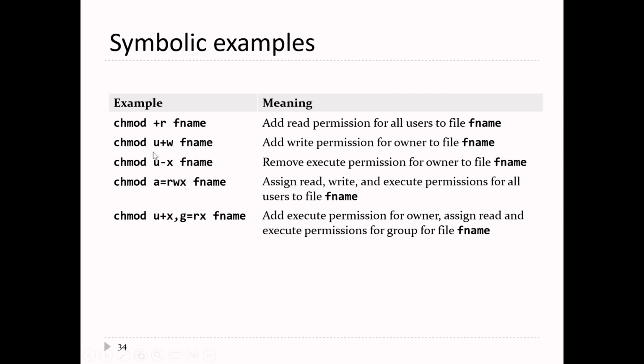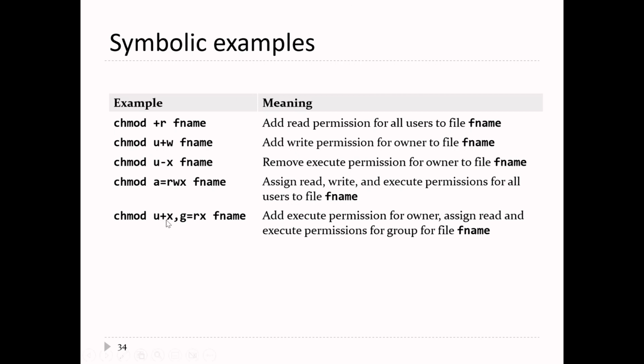u+w means for the user, add write permission. u-x, for the user, remove execute permission. And then a=rwx means assign read, write, and execute permission for all users on that file. And you can split them up.